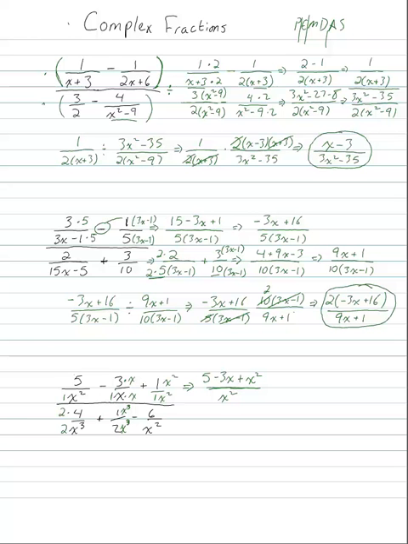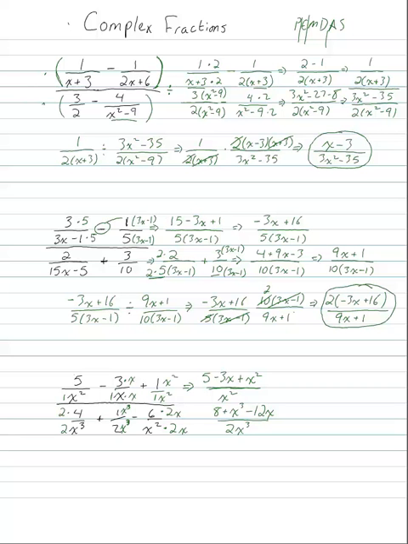My x squared is missing that 2, and since I need it to look like an x cubed, I'm going to need to multiply it by a second x. So now my denominator is just 2x cubed. My numerator would be 8 plus x cubed minus 12x.